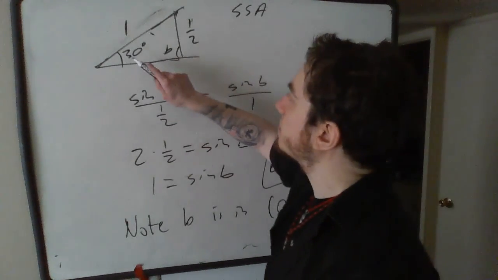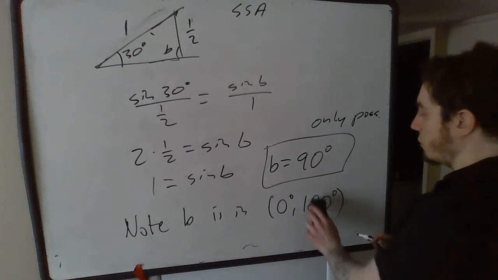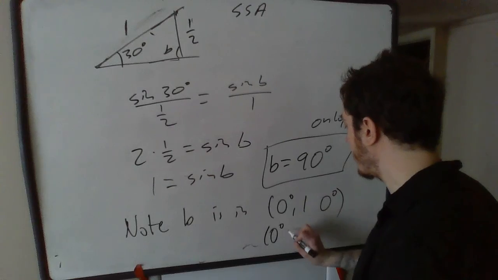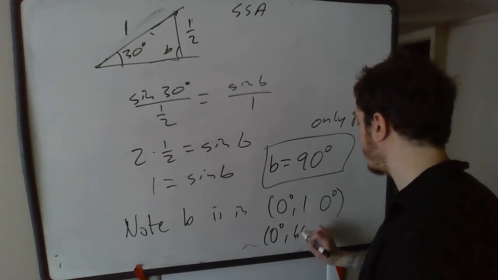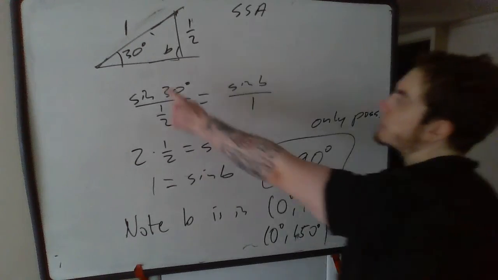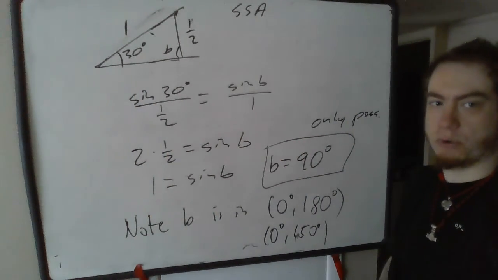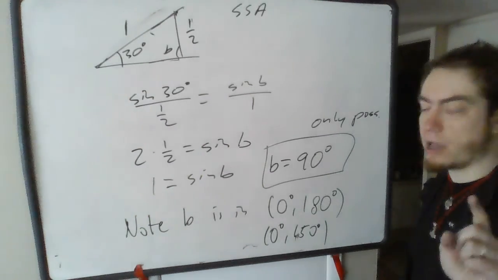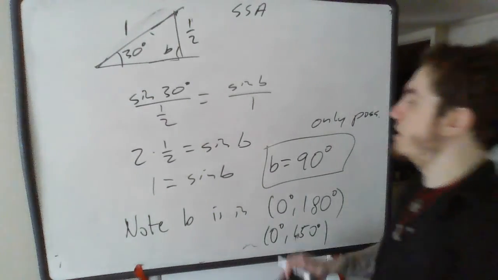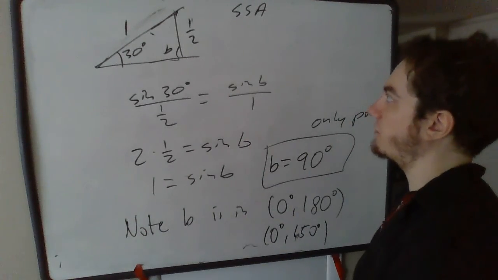In fact, in this particular problem, since this is a 30-degree angle, b really has to be between 0 and 150 degrees, because if it were bigger than 150 degrees, then my angles would add to be too large. We'll think about that more in one of the examples we'll see in a minute, but that's something else to keep in mind. But in this case, the only option is 90 degrees, and that works fine.